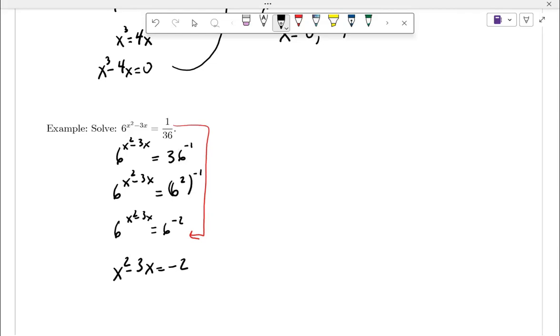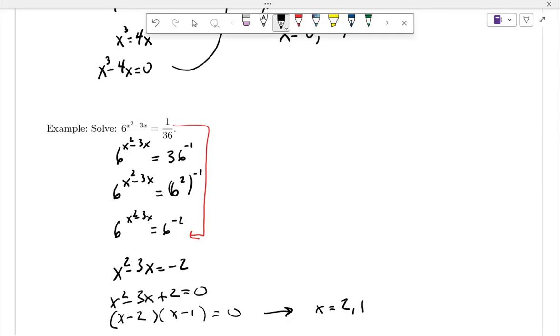You've got to add it over, right? So we have x squared minus 3x plus 2. And how does that factor? Yeah, x minus 2 and x minus 1. So then we should have our solutions of what? 1 and 2. Good. Yep.